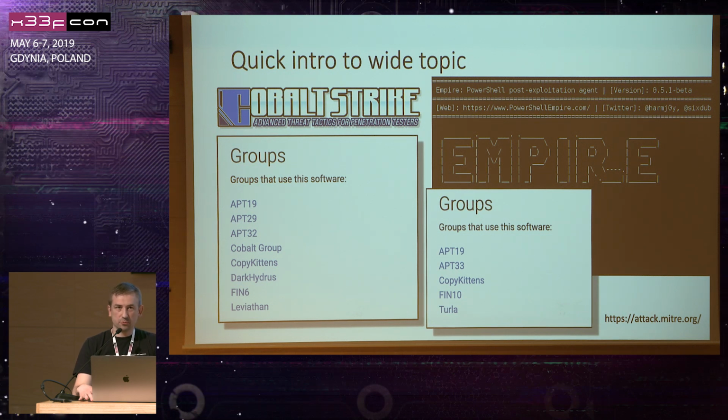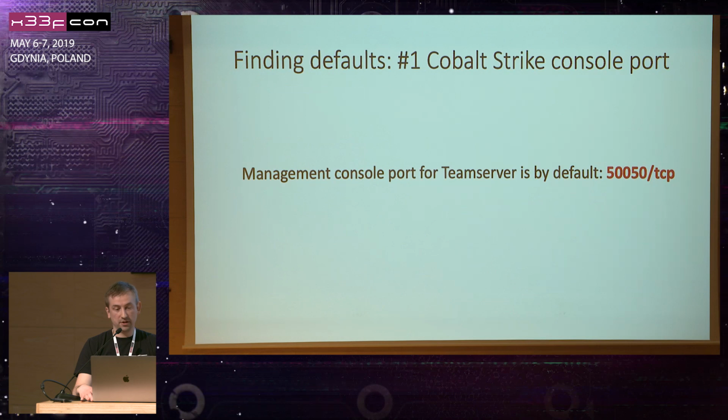So what can we do about it? For sure, we have to know the defaults of such frameworks. In the case of Cobalt Strike, nothing fancy, but we have to remember that the default console port is 50050 over TCP, the port the operator connects to the team server.